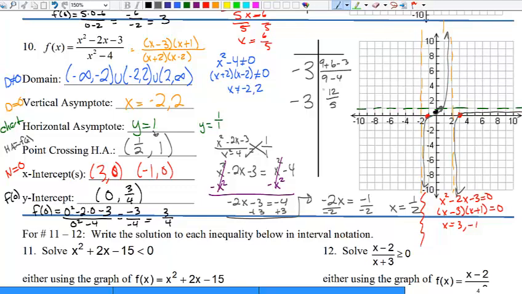So when I plugged in -3, I get 12 over 5, which is 2 and some leftovers. So that's up there. So that tells me the rest of the branch must be above. I probably could have deduced that because there's only one x-intercept, so it couldn't be the bottom branch because then it would have another x-intercept. So that is my graph, and it's a pretty good graph, and I got lots of information on that.